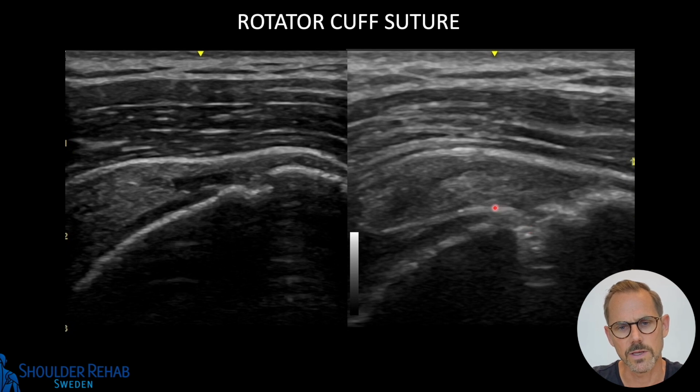And within this tendon tissue, we can in this case see the hyperechoic suture. So this is a long axis view of the supraspinatus and a long axis view of the suture. So this is a case of a successful rotator cuff suture.